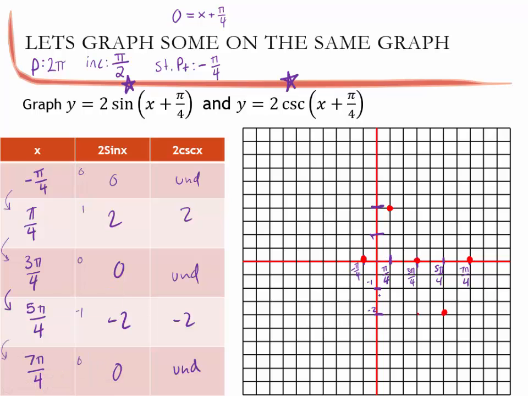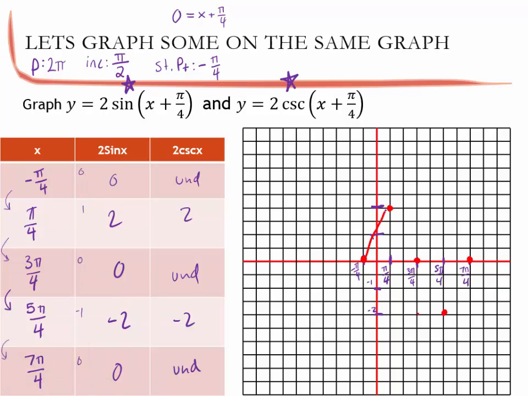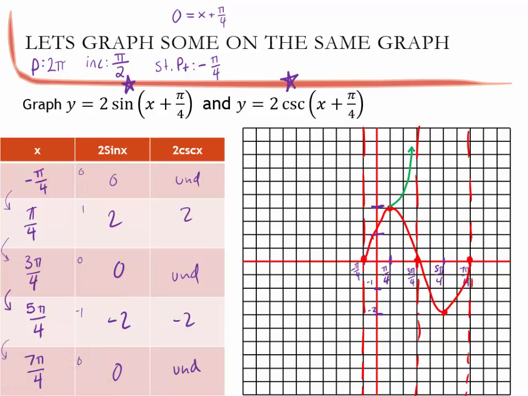Okay, so now we have our sine wave. We're going to draw our vertical asymptotes at the zeros, and then we're going to put parabolas off the peaks, and down here.